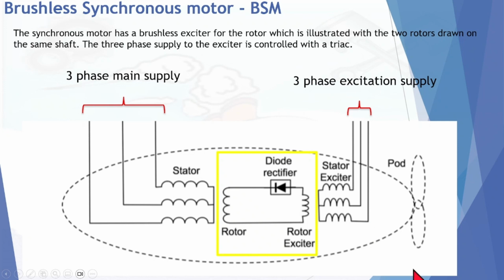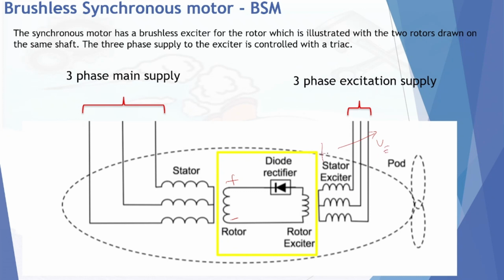This is the simple basic arrangement of such. You have the main stator winding where you supply the three phase, and you have the rotor main field. From this rotor you can see you will have plus and minus, because there is a rectifier. This rectifier is connected to an exciter rotor, and there is an exciter stator where you supply a variable excitation voltage.